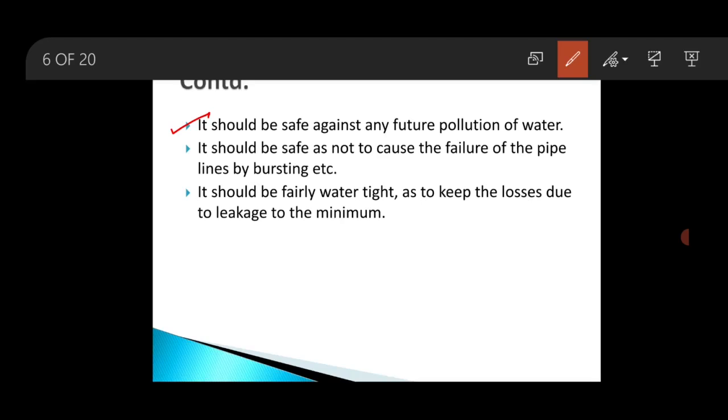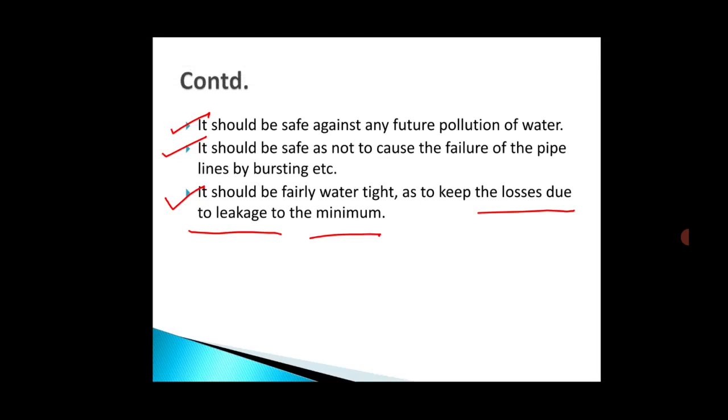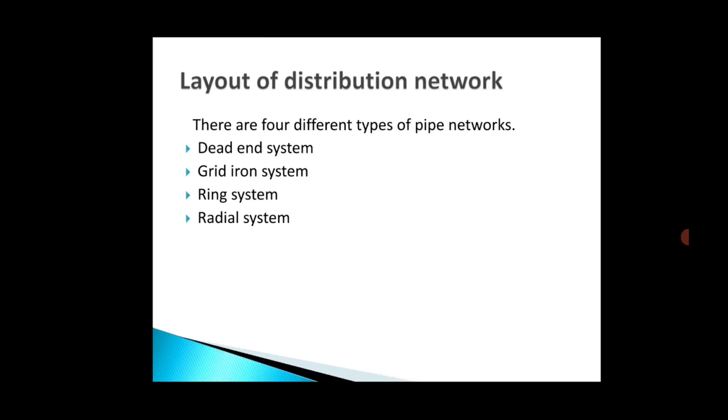Then it should be safe so as not to cause failure of the pipeline by bursting of the pipe, etc. It should be fairly watertight so as to keep the losses due to leakage to the minimum. So these are the different requirements of a good distribution system. Next, we will discuss the different layouts of distribution network.